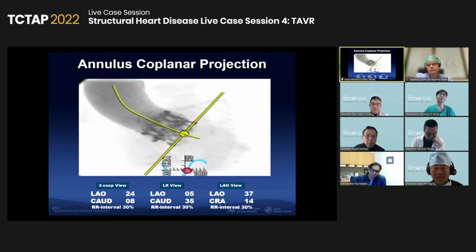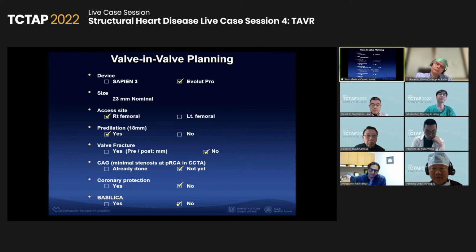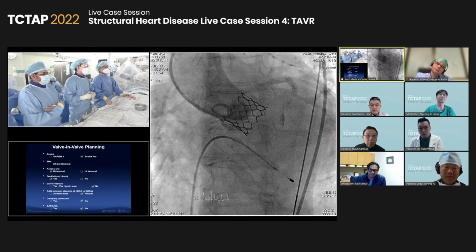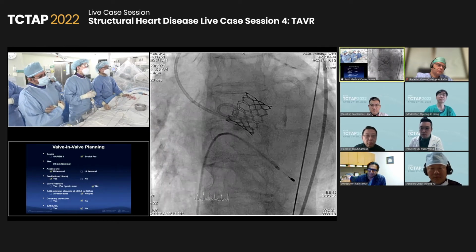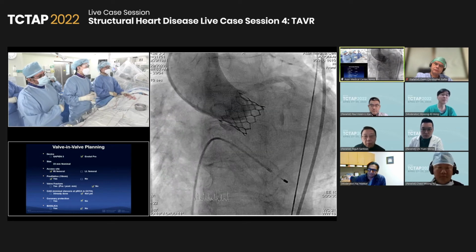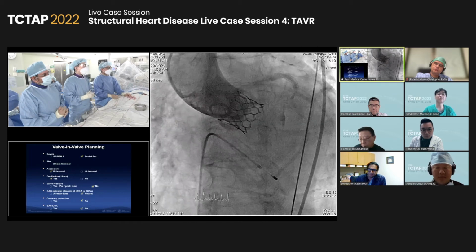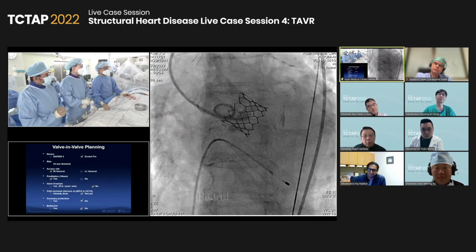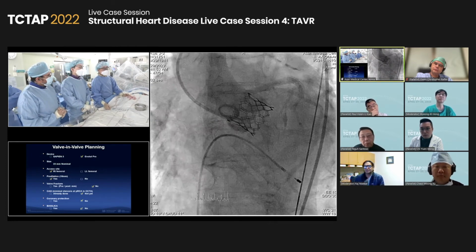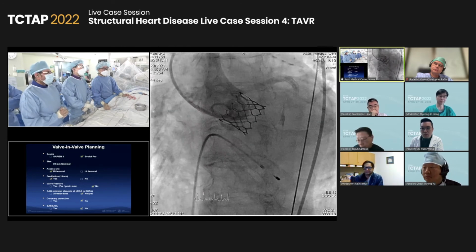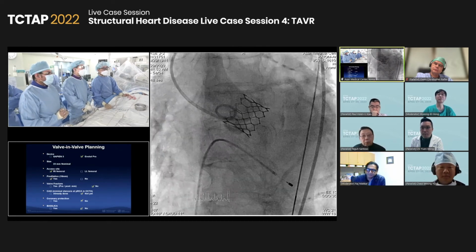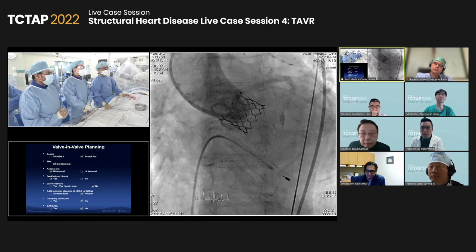This is our plan for the valve-in-valve procedure. We decided to implant the Evolut Pro 23 millimeter, and to perform predilation to maximize the valve area.